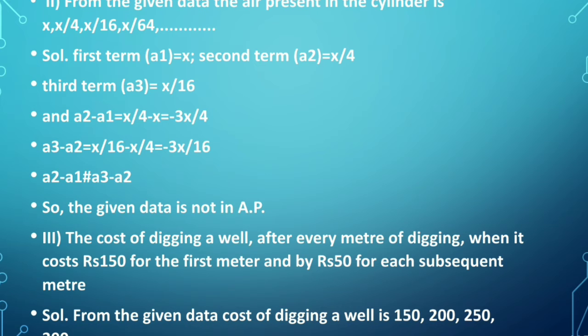And next, third one, the cost of digging a well after every meter of digging, when it costs rupees 150 for the first meter and rupees 50 for each subsequent meter. So from the given data, the cost of digging a well is 150, 200, 250, 300 and so on.